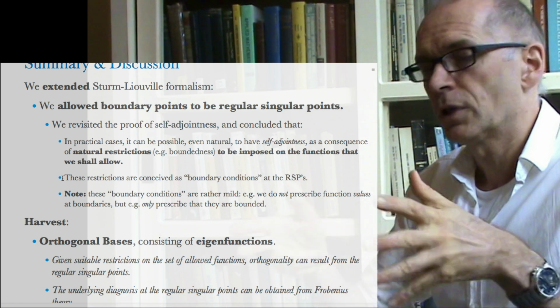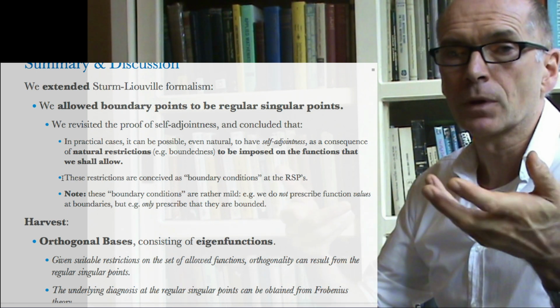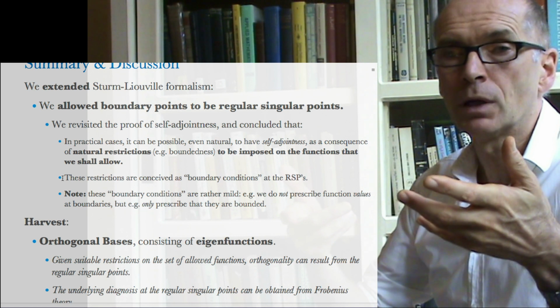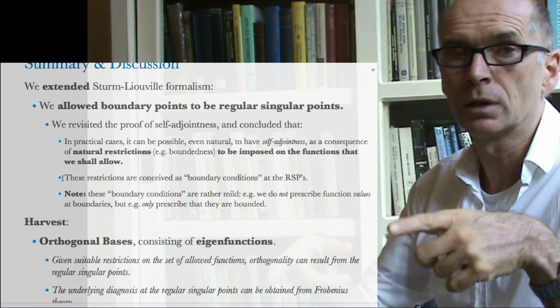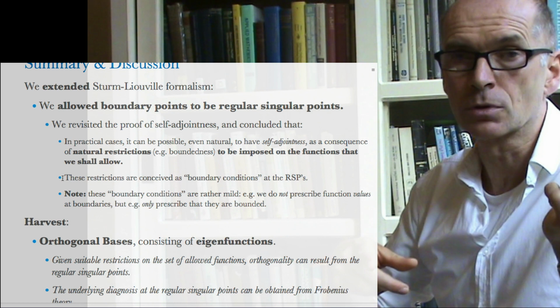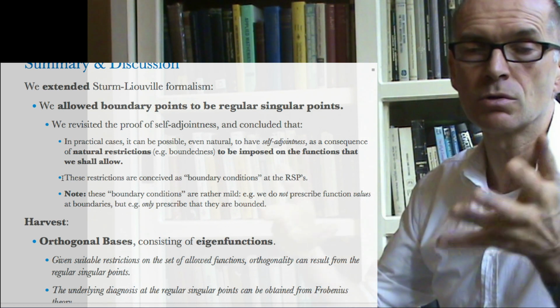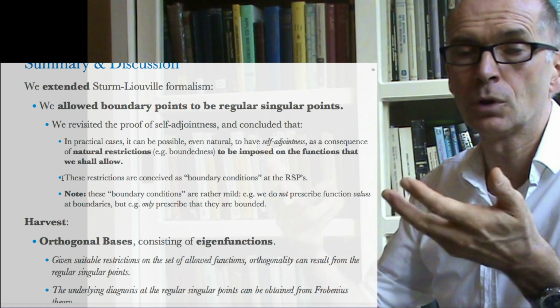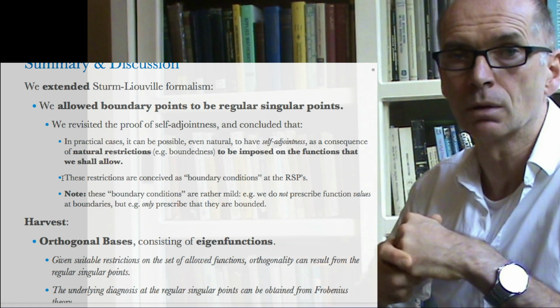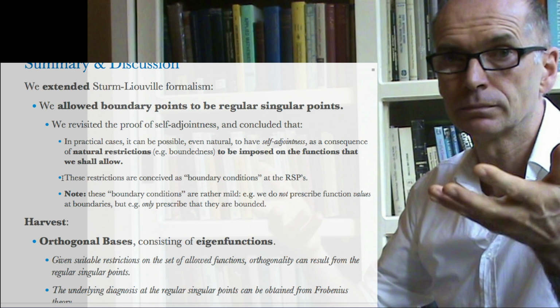So it kind of takes the same shape as having a Sturm-Liouville boundary value problem, as we had in the previous chapters in the book, the regular Sturm-Liouville problems. But in some sense, in this context of having the regular singular points, it is more natural.